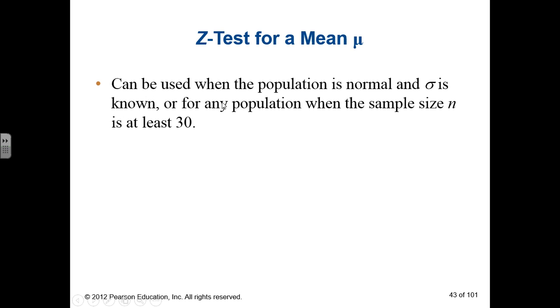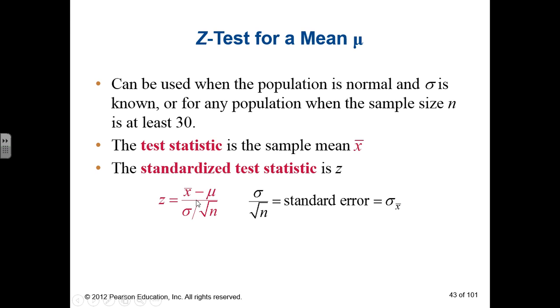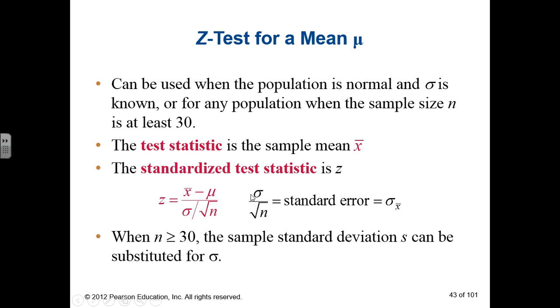All right, now we use the z-test anytime either the population standard deviation is known or the sample size is at least 30. The test statistic uses the sample mean, and it is the sample mean minus the claimed value, divided by the standard deviation divided by the square root of n. Recall, this is known as the standard error of the mean.